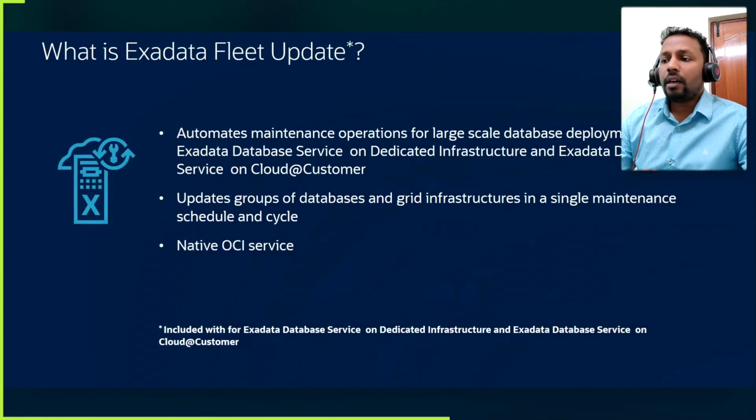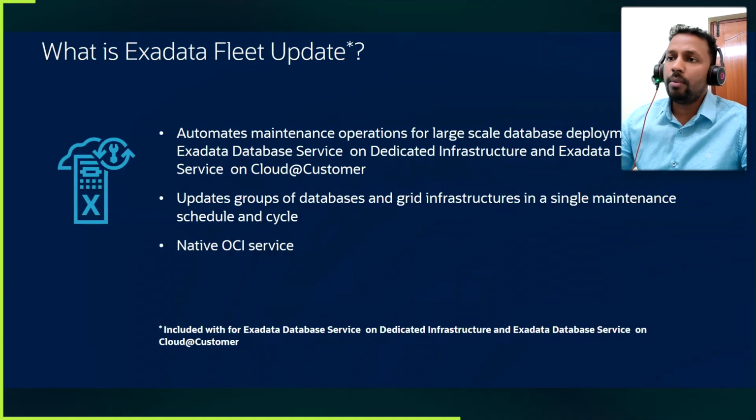So basically it is a cloud native service which helps us to automate the patching for a fleet of databases in cloud without any custom development. Until this feature was announced, maybe 6 months back or 8 months back, there was no way to have collective maintenance for a fleet of databases. When you wanted to do out-of-place patching, it was always with one database.